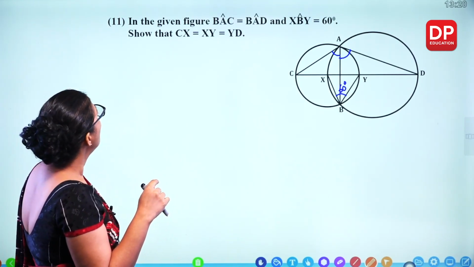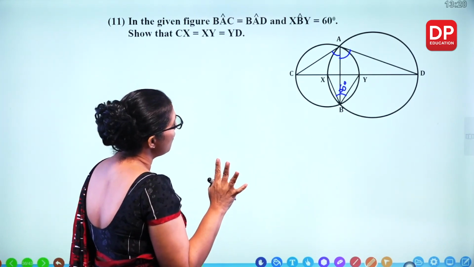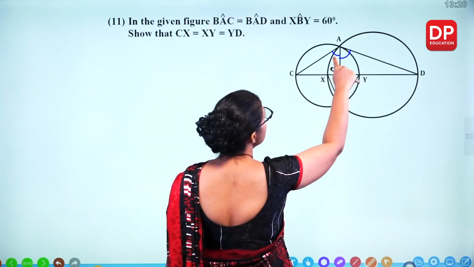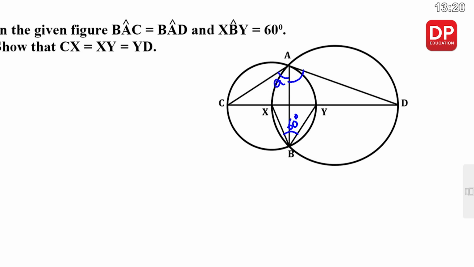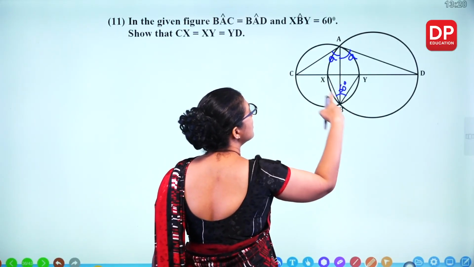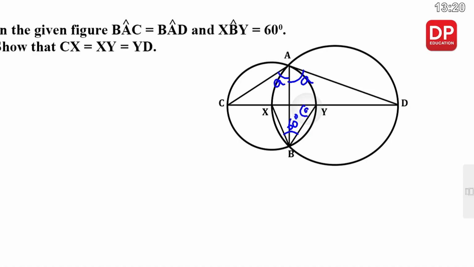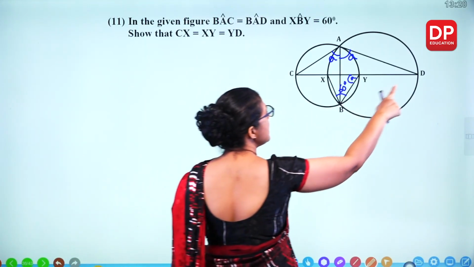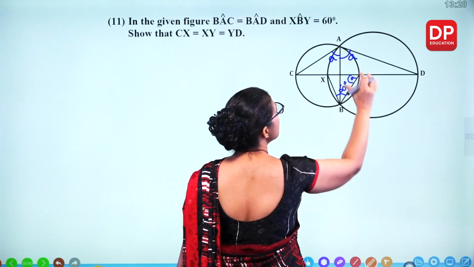So, two angles are given equal. Now look carefully. This angle, if it's A, we'll put A here. This is also A. And if you take CB arc, same segment angles, this and this is also A. And again, if you take BD arc, same segment angles, this and this.